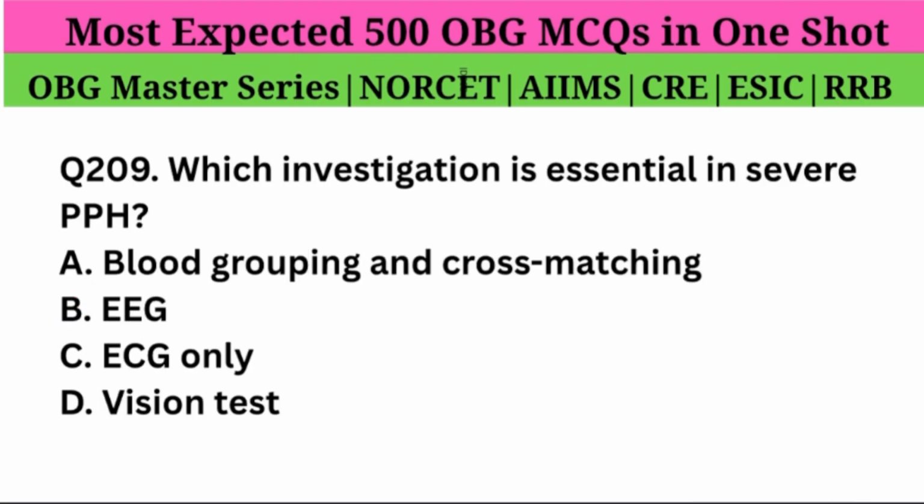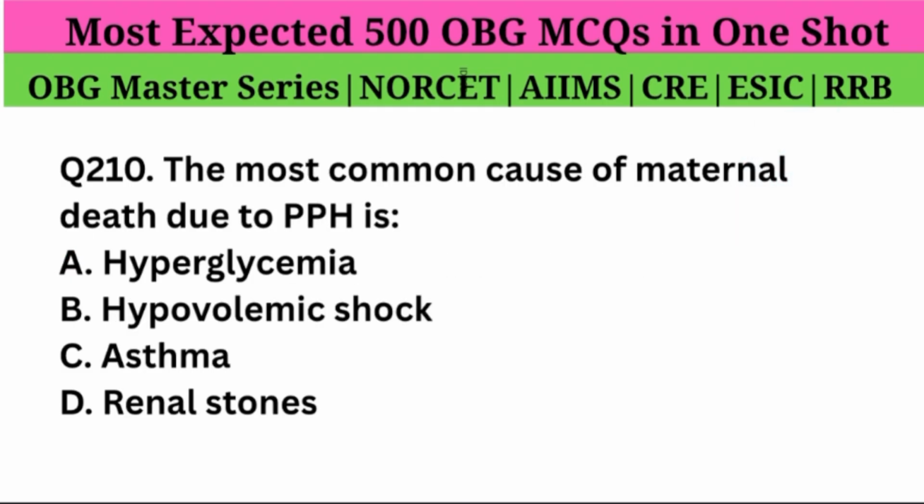Next question. Which investigation is essential in severe PPH? Your correct option is option A, blood grouping and cross matching. Next question, the most common cause of maternal death due to PPH is? Your correct option is option B, hypovolemic shock.